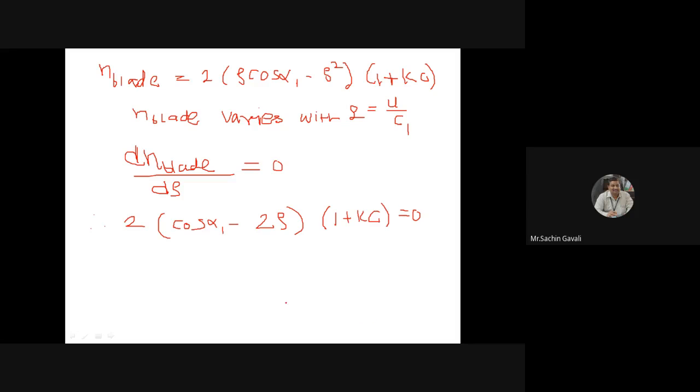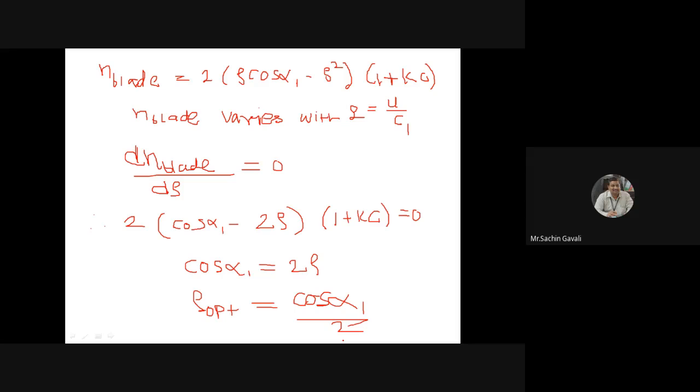Therefore, if you equate it, the 1 plus kc will get cancelled. Therefore cos alpha 1 is equal to 2 rho, and therefore this is called the optimum value of rho. Rho opt is equal to cos alpha 1 divided by 2.